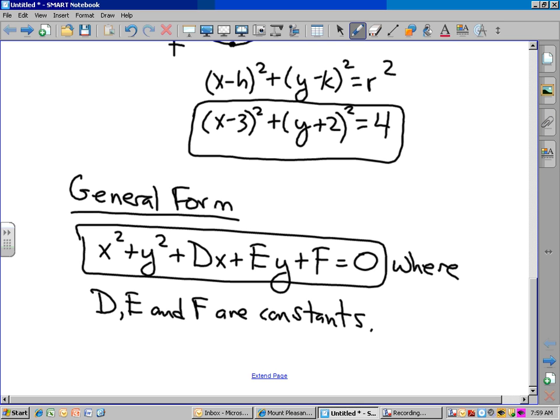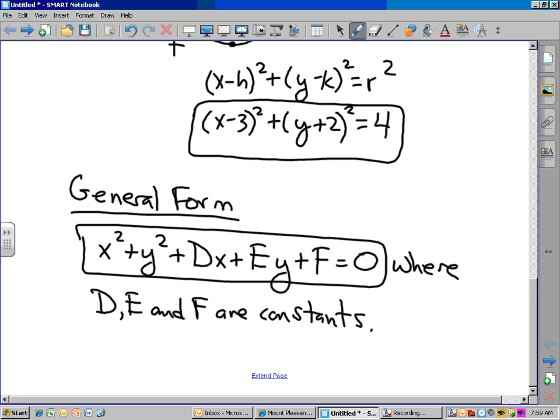It's going to change depending on the equation. So that's general form. General form can be put into standard form, and standard form can be multiplied out to put it into general form. Okay?